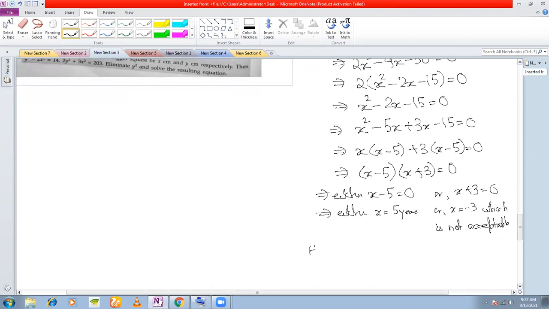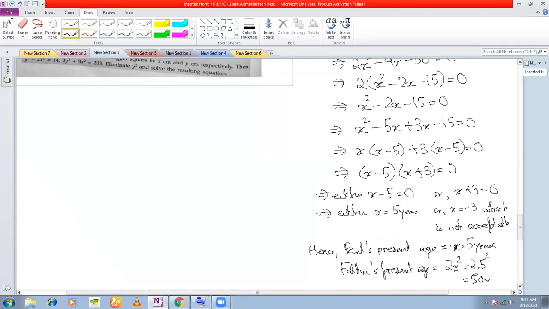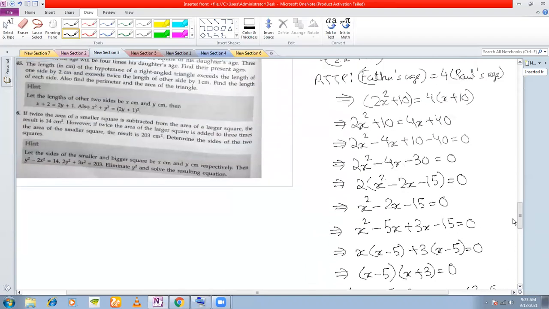Hence, Paul's present age is equal to x is equal to 5 years. Father's present age is 2x square, which is equal to 2 into 5 square, which is 50 years. So that is how you solve.